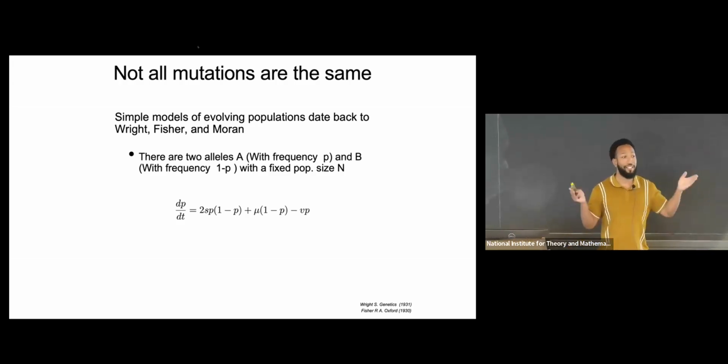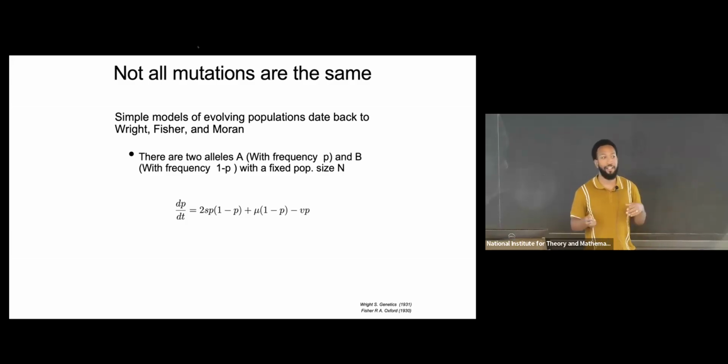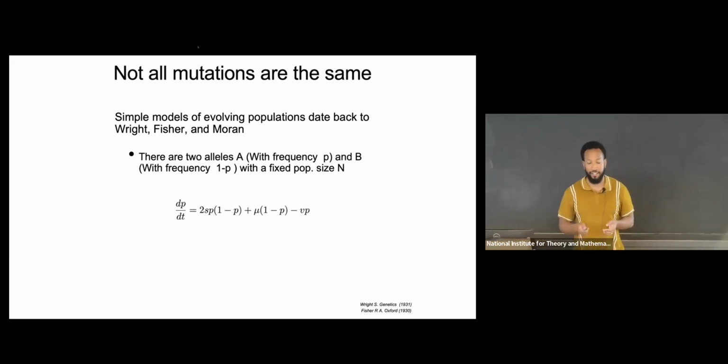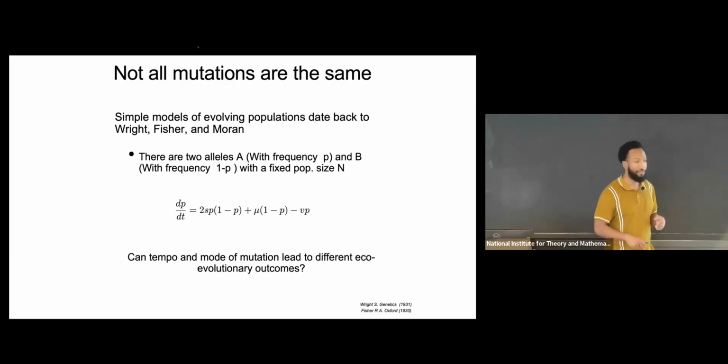And to some extent, it's implicitly saying that how the mutations happen doesn't matter. So in this talk, I want to convince you that how mutations occur can change the eco-evolutionary dynamics. That's the motivation for this talk.